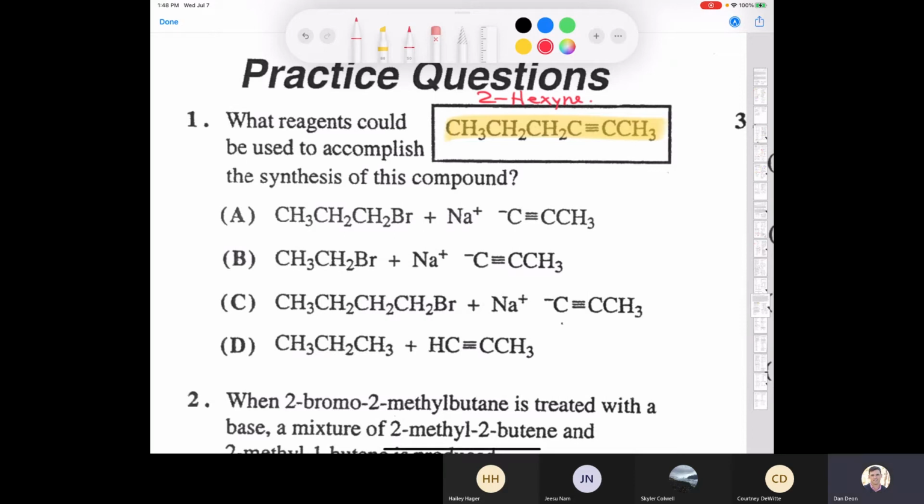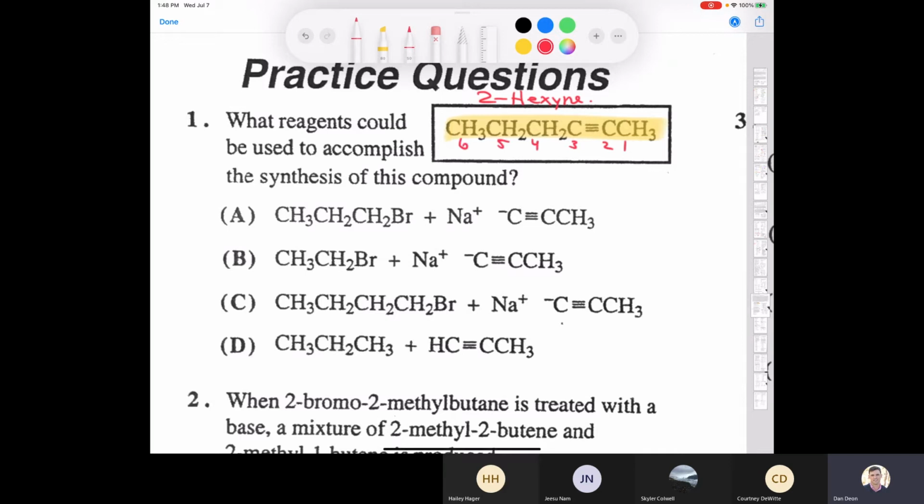Could anybody make a suggestion about this one? There's a problem here with a couple of these, aren't there? Right? If we have 2-hexyne, that means we have a total of 1, 2, 3, 4, 5, 6 carbons.